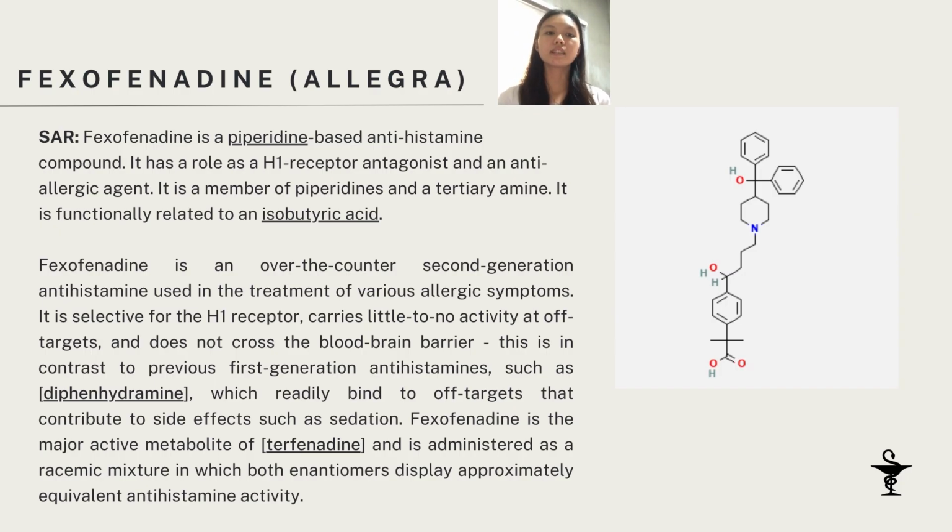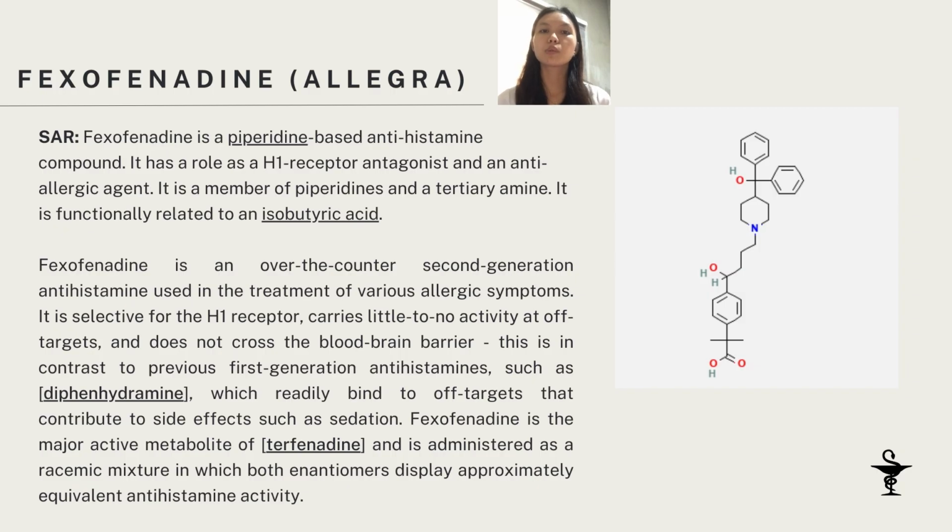So fexofenadine is an over-the-counter second-generation antihistamine used in the treatment of various allergic symptoms. It is selective for the H1 receptor, carries little to no activity at off targets, and does not cross the blood-brain barrier.